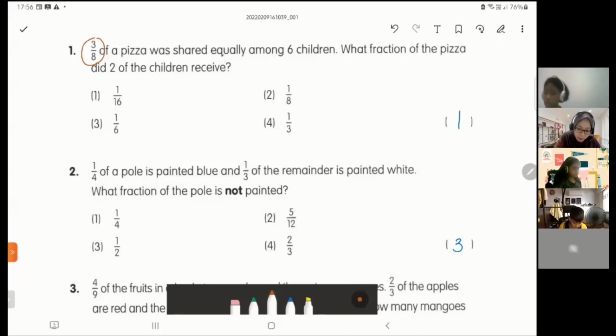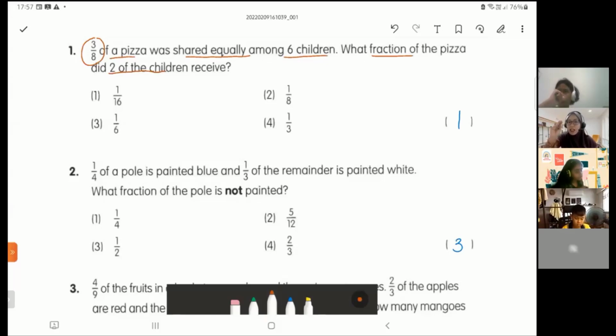3/8 of a pizza was shared equally among 6 children. What fraction of the pizza did 2 of the children receive? So you need to find out for 1 child first, equally shared. You know that when I equally share something to a number of people, I need to divide the pieces equally among the number of children.